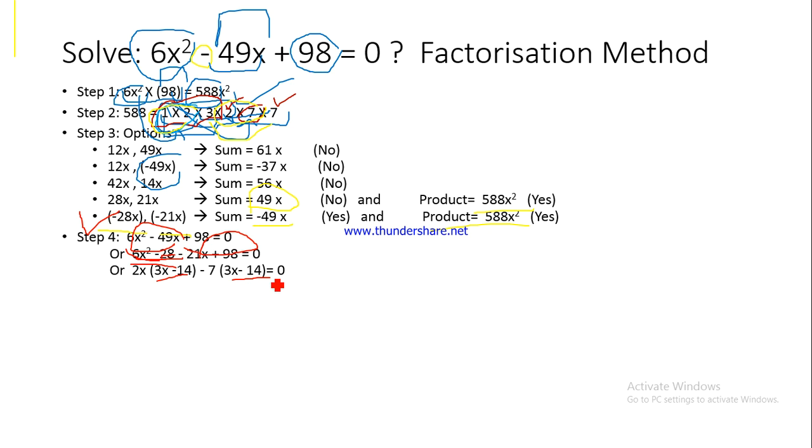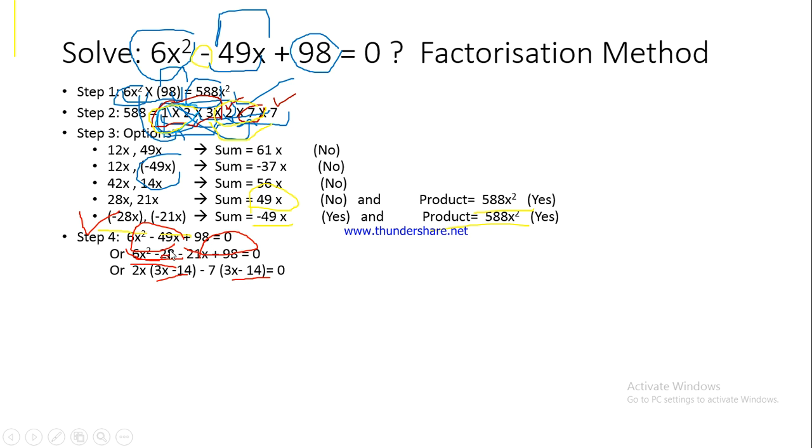Again, you can cross check by going in the opposite direction. So what you do is you try and find out 2x into 3x will be 6x square, perfectly fine. 2x into minus 14 is equal to minus 28x. In fact, I have not mentioned x here, so let me make that correction also.